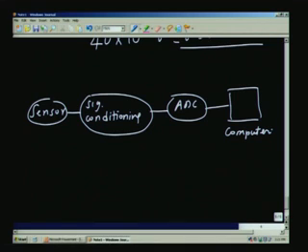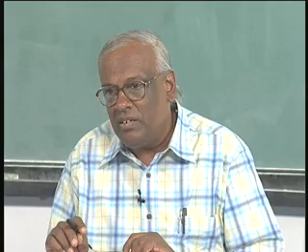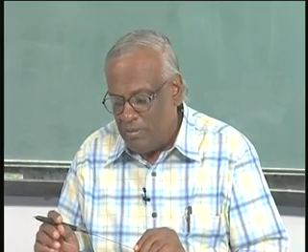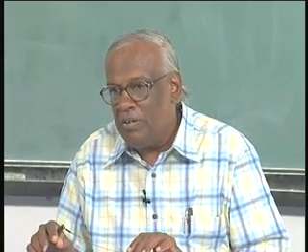The connection in this case is through USB, that is what we just now mentioned. Earlier we used to have what is called GPIB or general purpose instrument bus, or it could be through a serial connection, serial port. So, these are all possible ways of communicating with the computer.